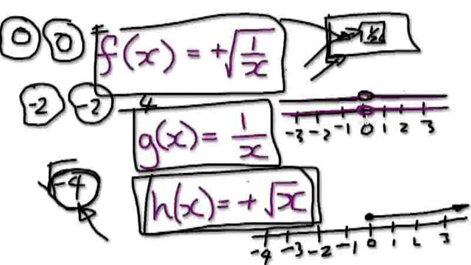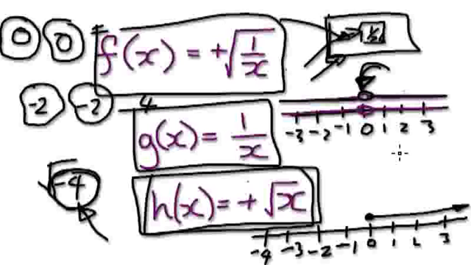So for example, if you choose something in the negative realm here, then this machine breaks down. If you choose the number 0, then you've got to choose something that will work for both machines. You can't have 0, because if you choose 0, this machine breaks down here.